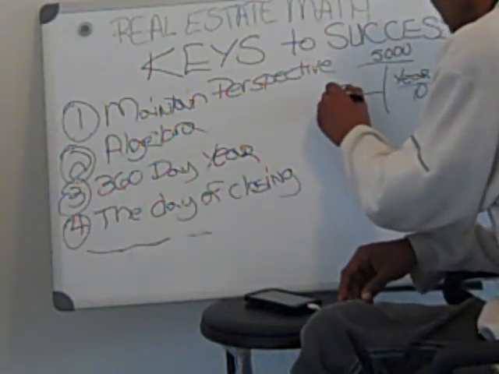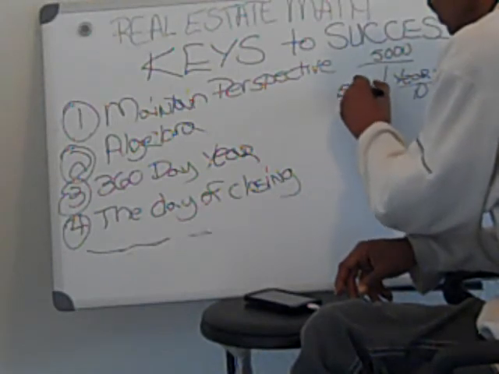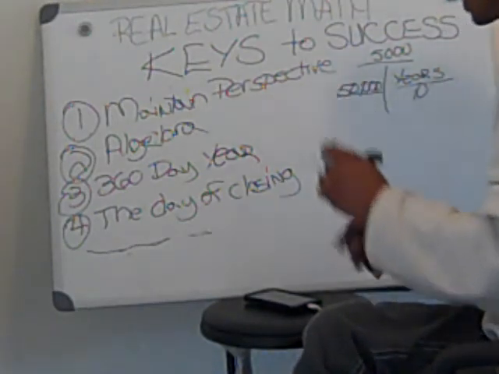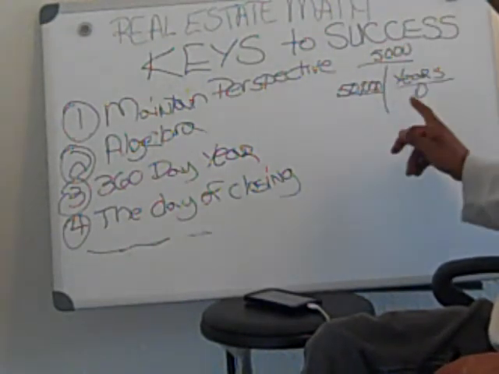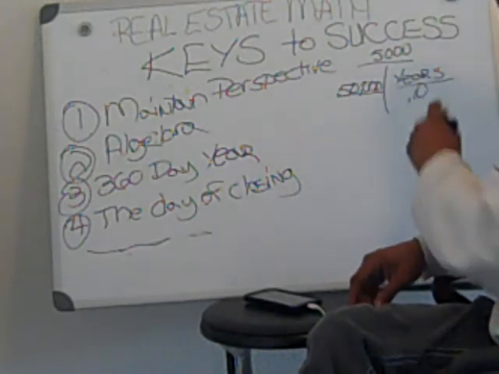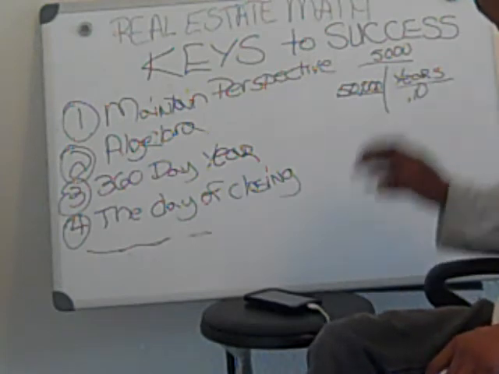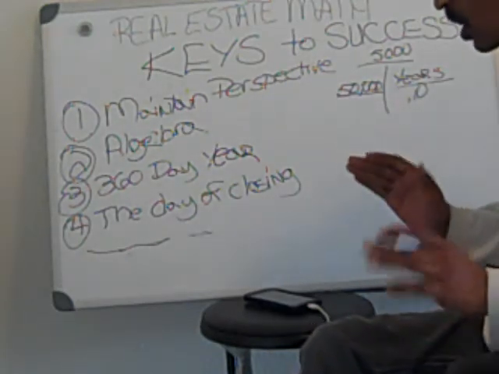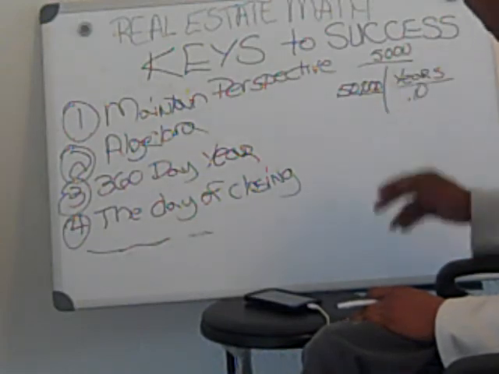And if the value would go down to 50,000, then there it is. If you divide this by this, you're going to end up with 10 years. And then you just have to make sure that you use your decimal points and so forth, because I'm going to have to convert years into decimal points in order to obtain my answer.